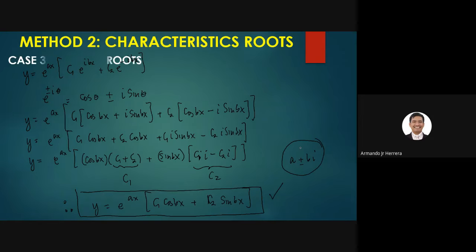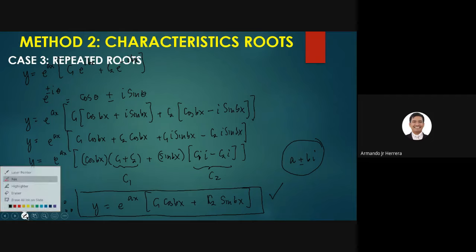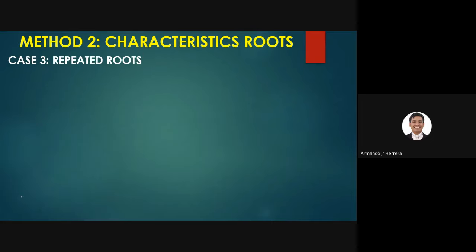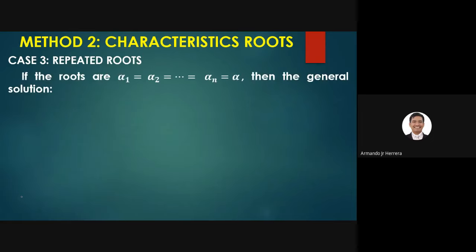That's case number 2. So, case number 3 is repeated roots. When the roots are repeated, of course, A1, A2, A are all the same, A3 and A4 too, and so on and so forth. So, suppose A1 is equal to A2 is equal to dot, dot, dot, is equal to simply A. So, general solution, C1 e raised to AX plus C2 x e to the AX plus x squared e to the AX.